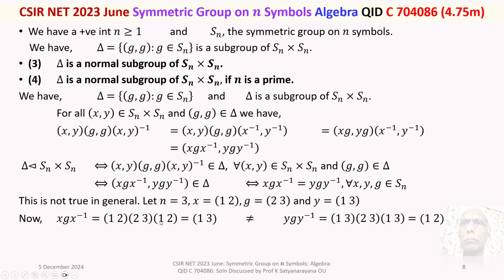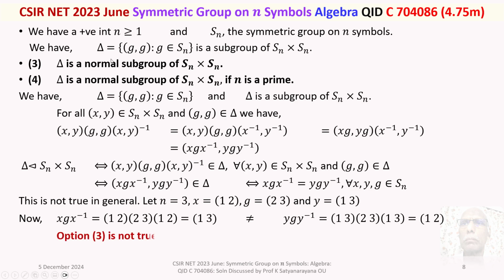So 1 goes to 2, 2 goes to 3, 3 fixed. So 1 goes to 3. 3 is fixed, 3 goes to 2, 2 goes to 1, it comes back to 1. 2 goes to 1, 1 is fixed, 1 goes to 2, 2 is fixed. So (1 3). And yg y inverse in a similar fashion you multiply, you will get (1 2). So xg x inverse is (1 3), yg y inverse is (1 2). They are not equal.